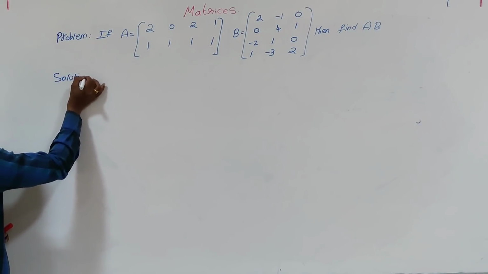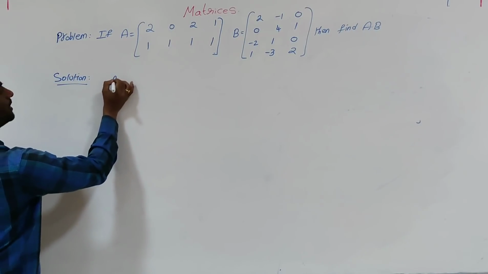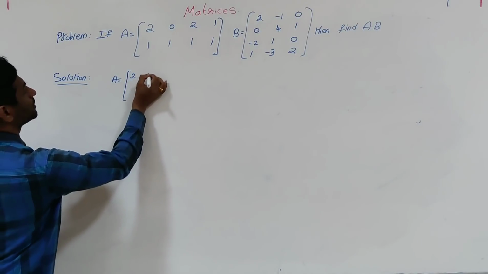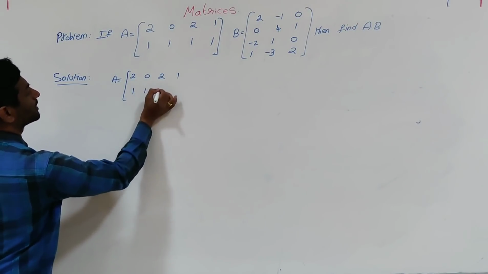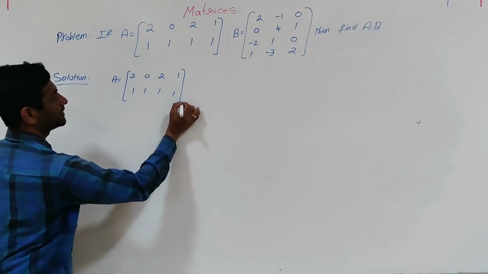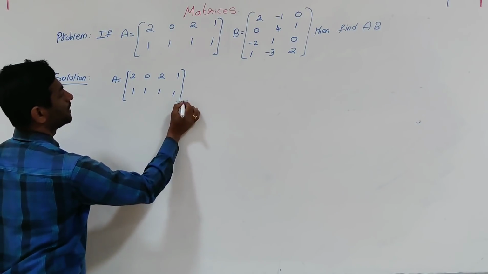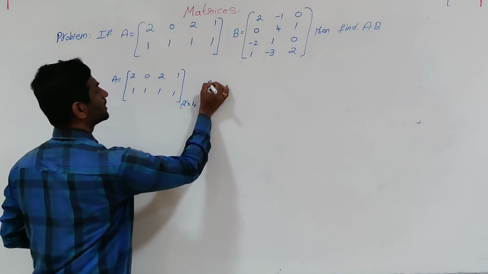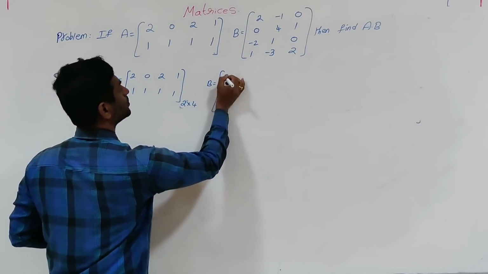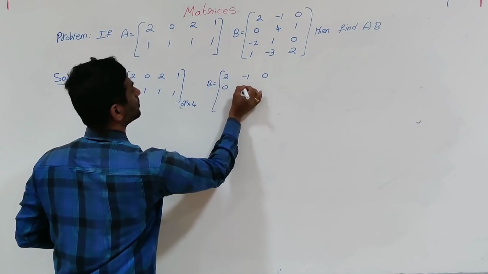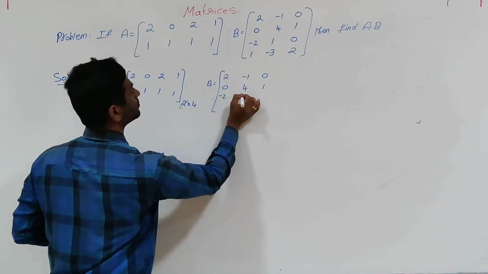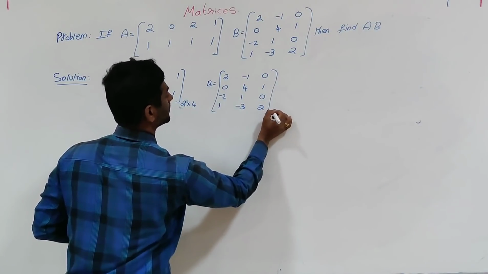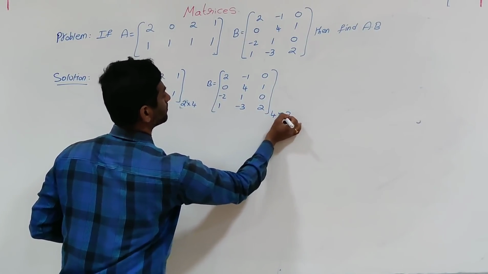Is it possible or not? We'll check it. A is the matrix [2, 0, 2, 1; 1, 1, 1, 1], which is of size 2 by 4. And B is another matrix [2, -1, 0; 0, 4, 1; -2, 1, 0; -1, -3, 2], of size 4 by 3.